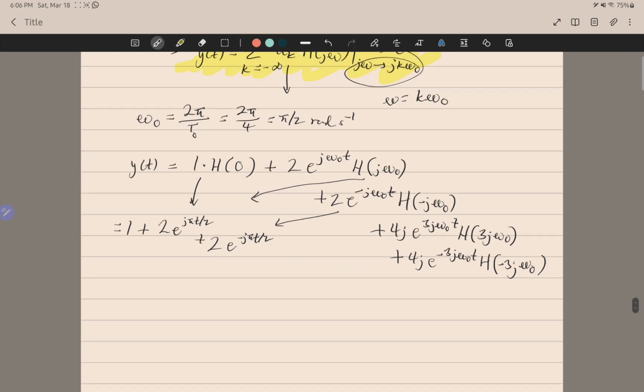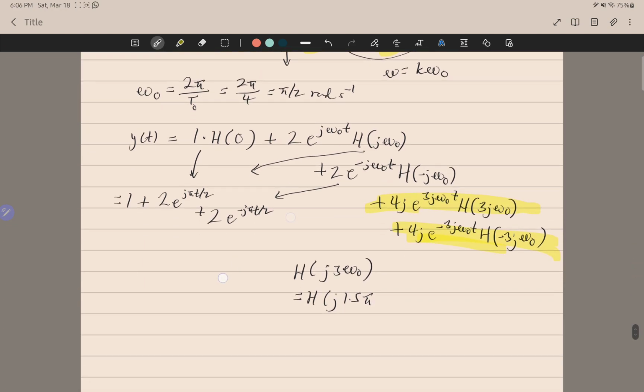What about these two terms? They're actually trivial. You see, H of j 3 omega 0 is equal to H of j 1.5 pi, because omega 0 is pi over 2. 1.5 pi is not less than pi; in fact, it's greater than, so this has to be equal to 0.